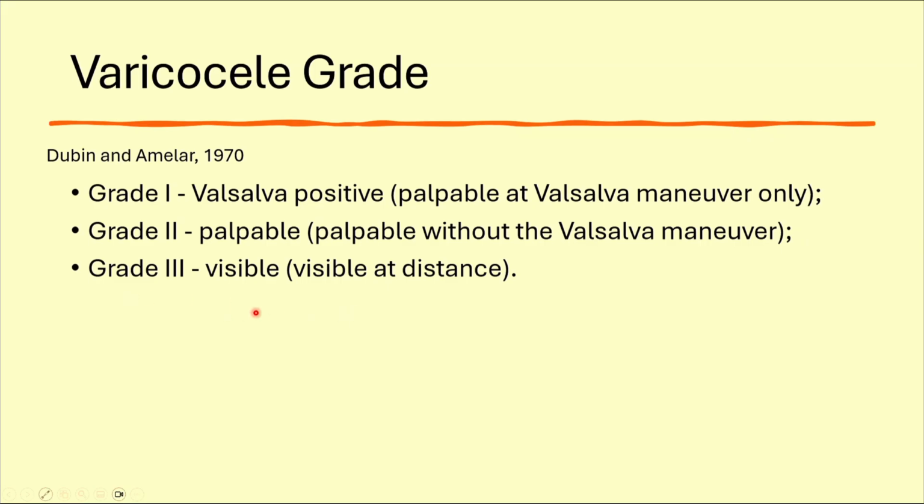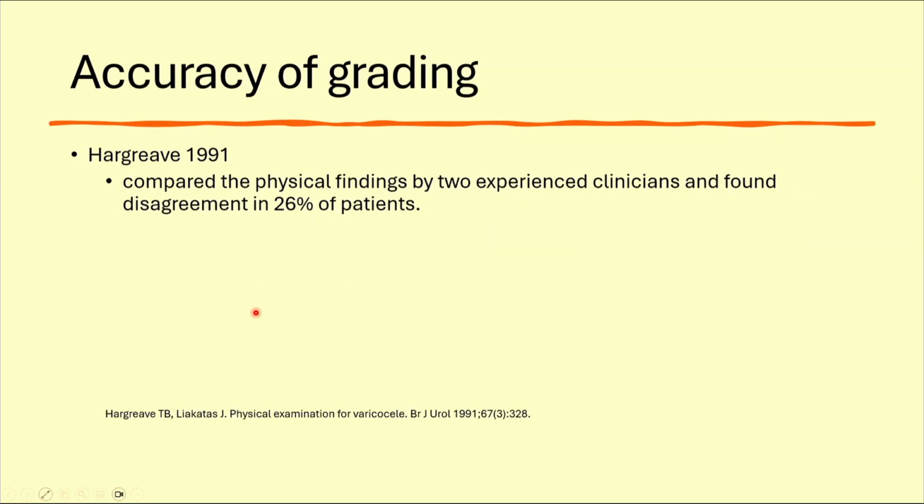Now, before we even test varicocele grade as a predictor of fertility or testicular dysfunction, the problem arises early on. Hargreave in 1991 did a study where he let two experienced clinicians assign a varicocele grade to a group of patients, and what they found is a 20% disagreement between assigning grade 3, grade 2 or grade 1.